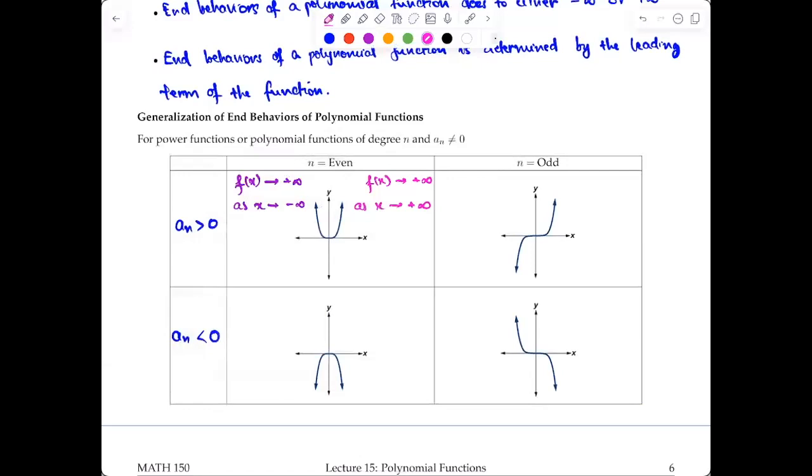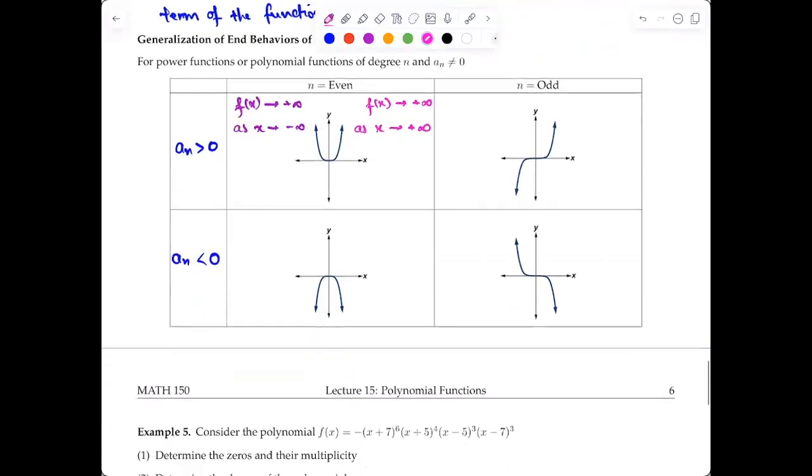When you look at the graph you can just tell the output or the end behavior of the function. So here f of x goes to negative infinity as x goes to negative infinity. And here f of x goes to negative infinity as x goes to positive infinity.